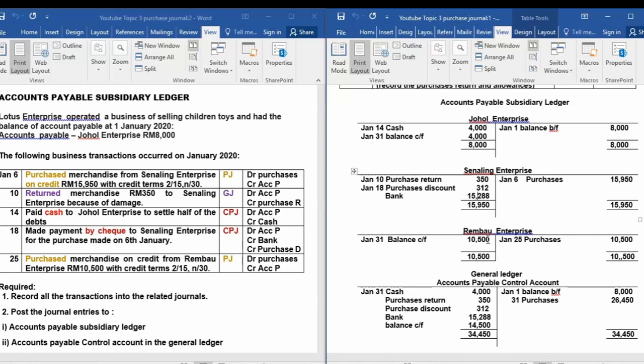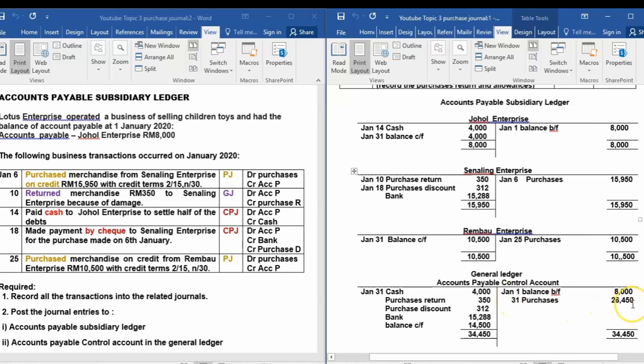Now we have to prepare the account payable control account. The account payable control account is the summary of all the individual accounts under the account payable subsidiary ledger. So look at the 1st January balance brought forward, 8,000. We get the number 8,000 from Johor Enterprise. The second one, look at purchases at 31st January.